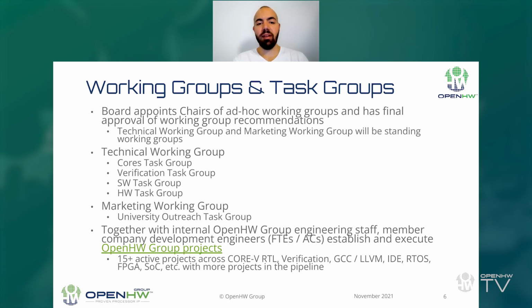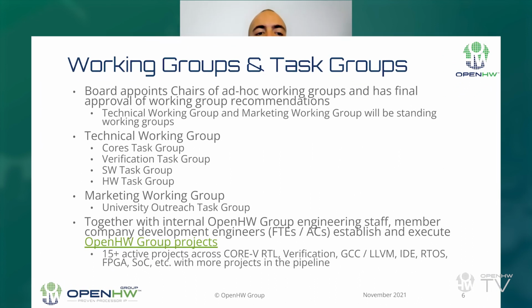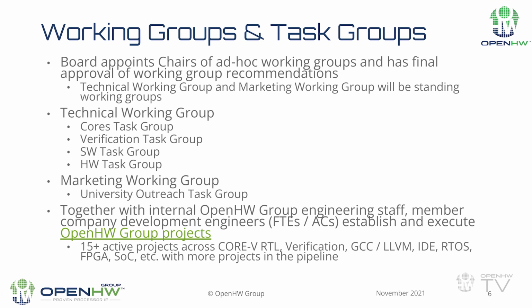It's separated in task groups, and in each task group we either design open source hardware, and this is the core task group, or we verify those IPs, and that happens in the verification task group. Then we also have a software task group that cares about operating systems, compilers, and tools for the open source hardware that we develop. And the hardware task group cares about microcontrollers, peripherals, and all the IPs that surround the CPUs.